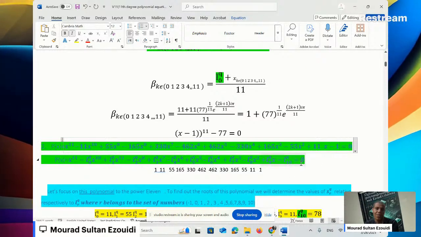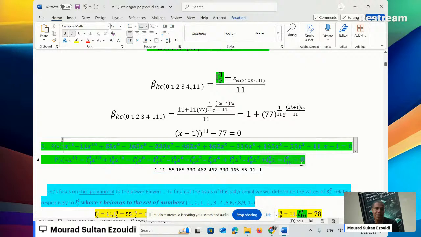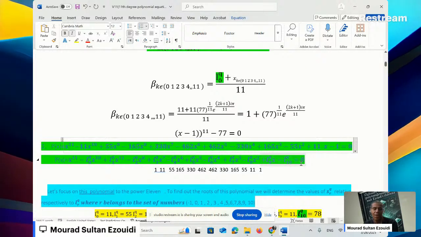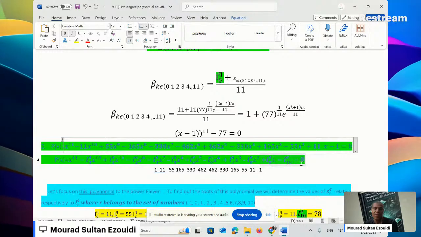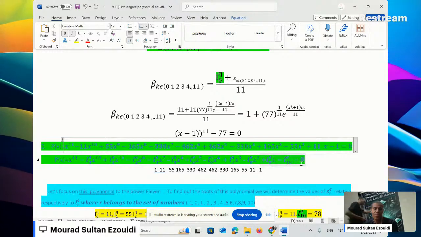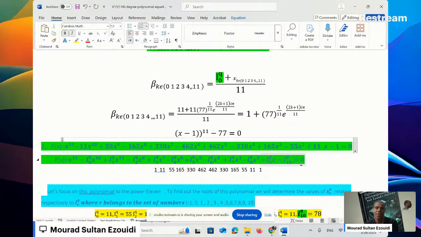Now we'll try to rewrite, or find, our 11th degree equation, and then we are going to make a conclusion and find the exact roots, without error estimation and without using approximation methods.